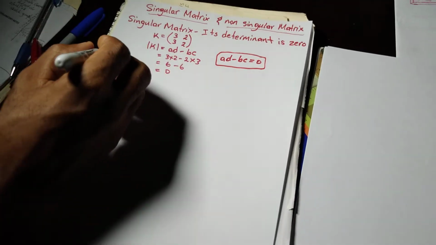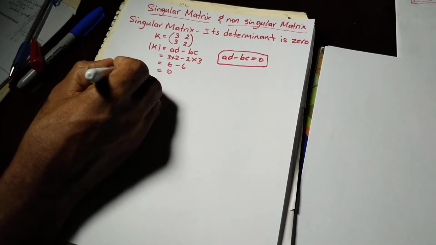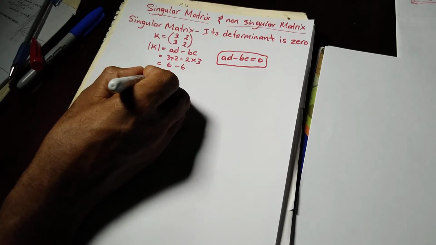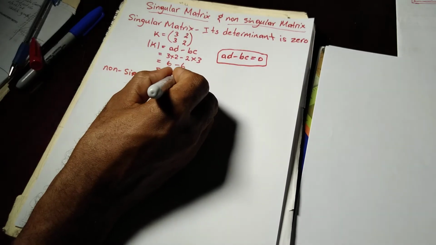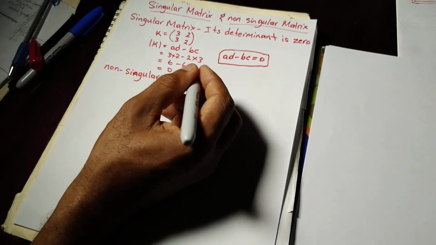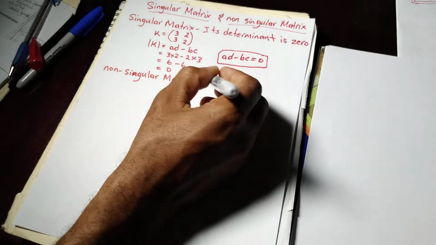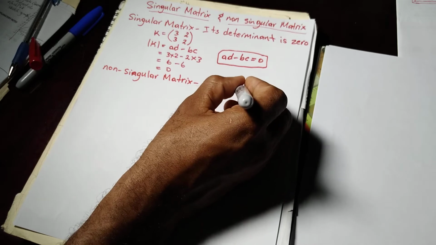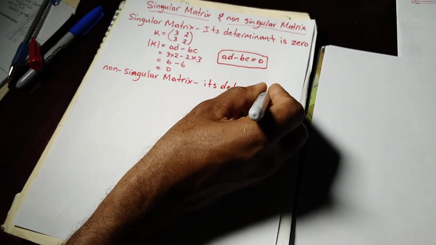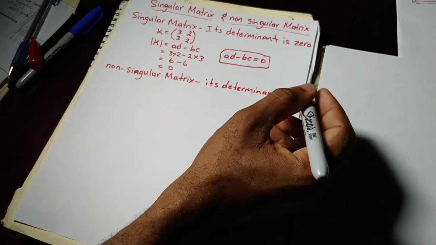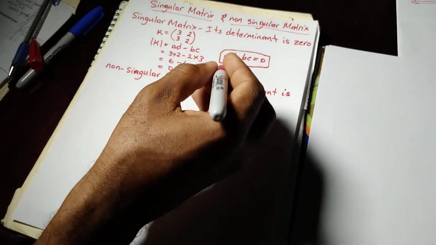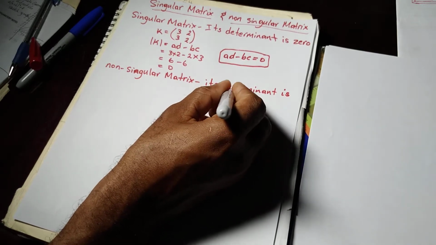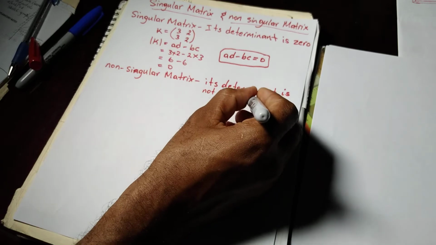So let's talk about the non-singular matrix now. For a non-singular matrix, the determinant is not equal to 0.